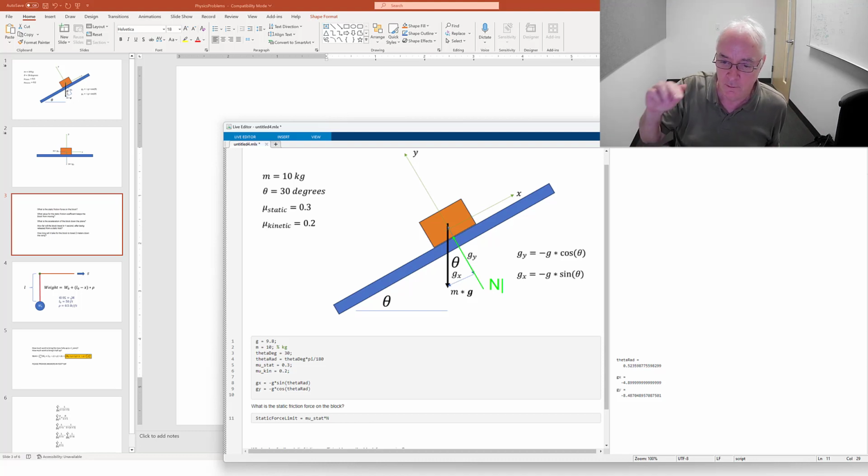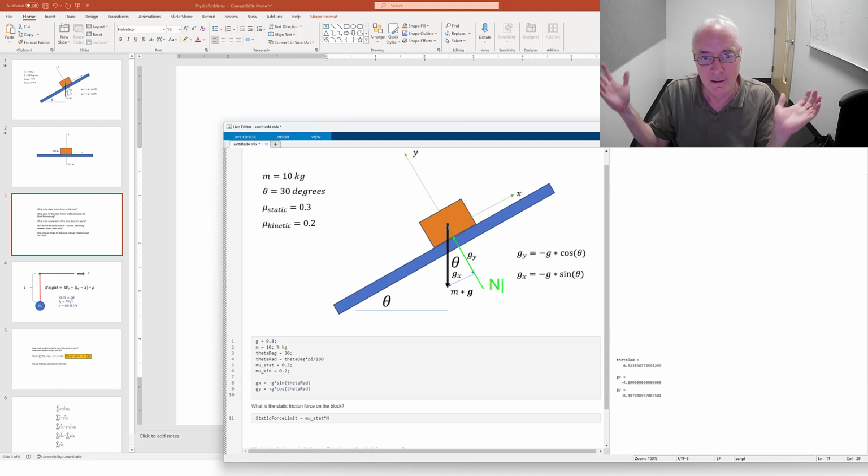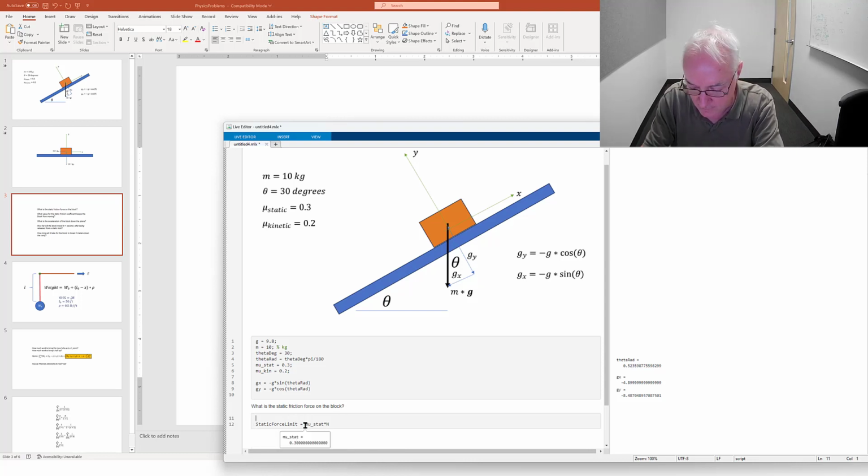The gravitational force in the y direction plus N are going to be equal to the mass times the acceleration in y. But because there is a plane there, and that plane applies the constraint that the box cannot move through it, we know that essentially that acceleration is equal to 0, right? And that allows us to easily calculate N. And so I'm just going to say N plus m g_y equals 0, therefore N is equal to minus m times g_y, right?